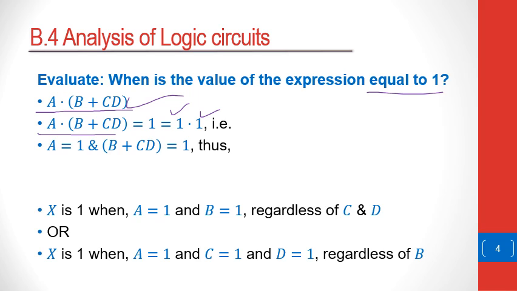So when this side, which is A, is 1, and the B or CD side is 1. Thus we can say the output expression here, let's call it X, is going to be 1 when A is 1 and B is 1, regardless of whatever C and D is. So as long as we have those as 1, then this expression will be 1. Alternatively, it can be when A is 1, C and D are 1, regardless of what the value of B is.